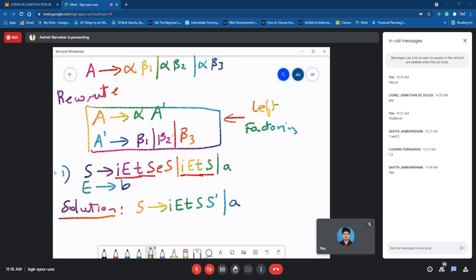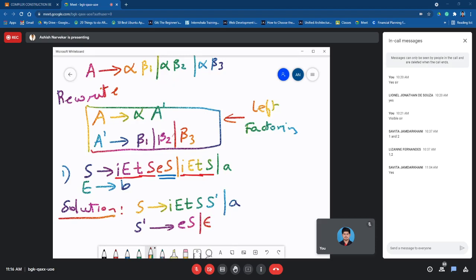Now we have to write a derivation for S dash. S dash is beta 1 or beta 2 or beta 3. This is alpha beta 1, so I'll underline in blue our beta, which is eS. So S dash derives small e capital S. Here, the entire right-hand side is itself the alpha, so for alpha beta 2, when there is no beta remaining, we consider epsilon as the beta.